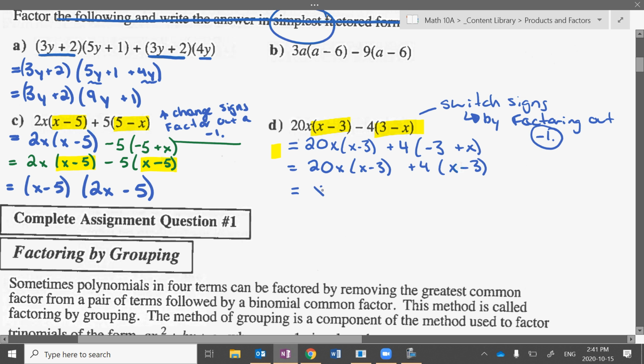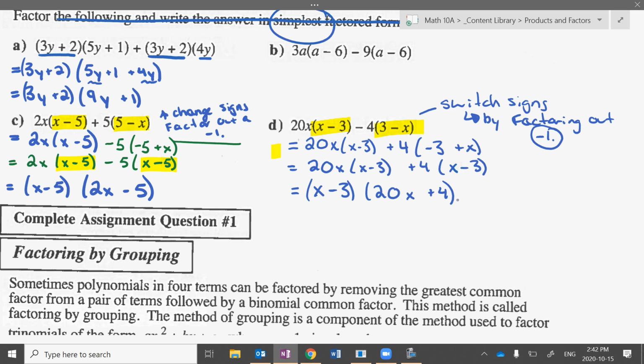Now I can fully factor out that x minus 3 from both terms. I'm left with 20x plus 4. So this is just taking that greatest common factor, which we did in lesson 1, and taking it to the next level. Continuation. The new topic for today is factoring by grouping.